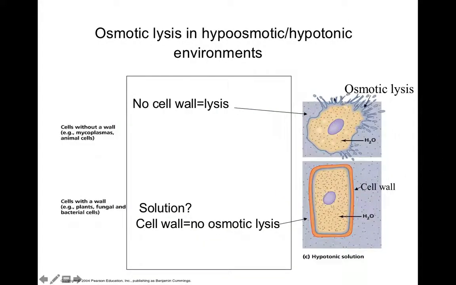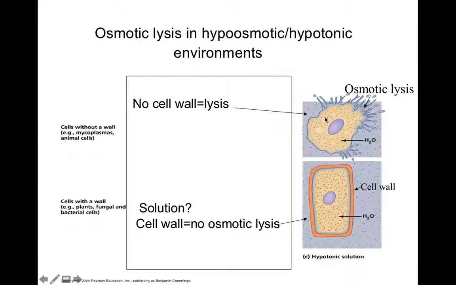The problem is most cells are living in what we call a hypoosmotic environment. That means the concentration of solutes outside the cell is lower than inside the cell. And this is often because the cell is actively transporting nutrient molecules into the cell.